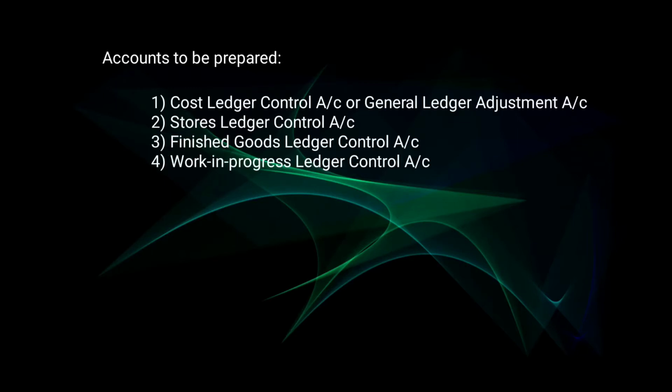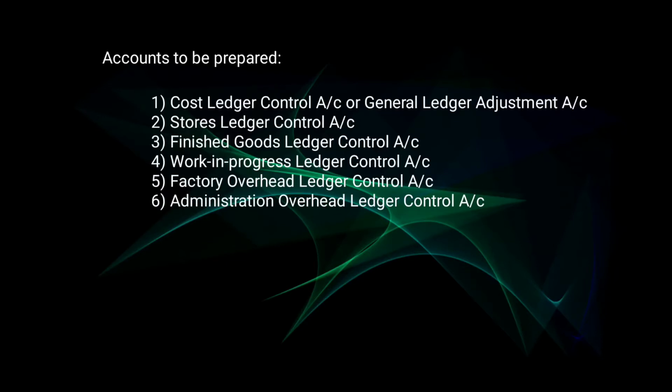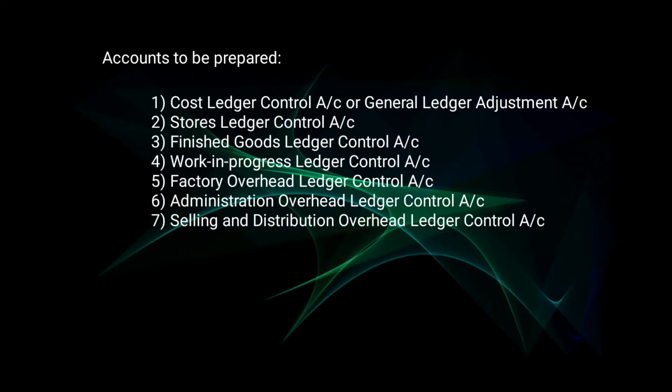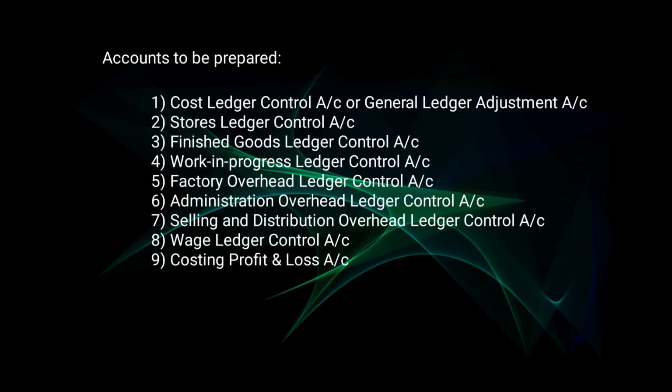Fourth, work in progress ledger control account. Fifth, factory overhead ledger control account. Sixth, administration overhead ledger control account. Seventh, selling and distribution overhead ledger control account. Eighth, wage ledger control account. Ninth, costing profit and loss account.